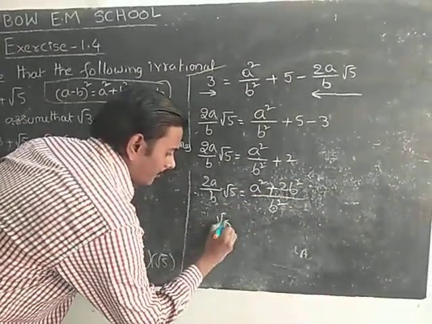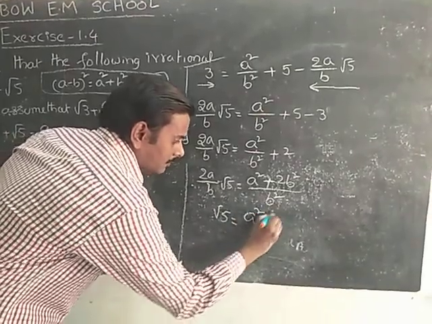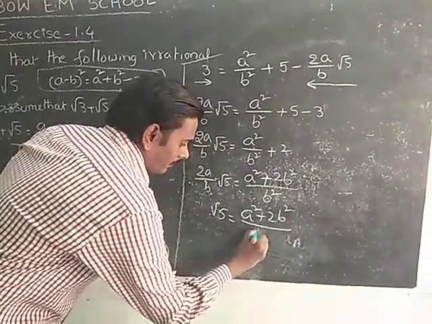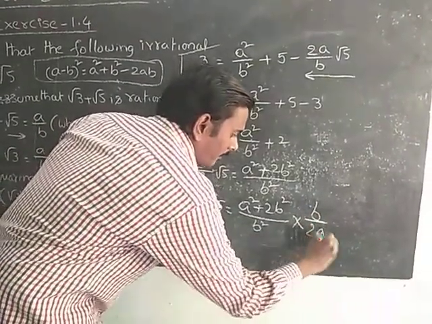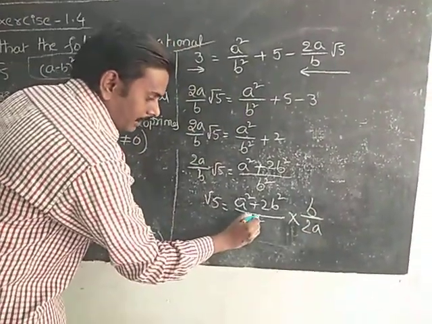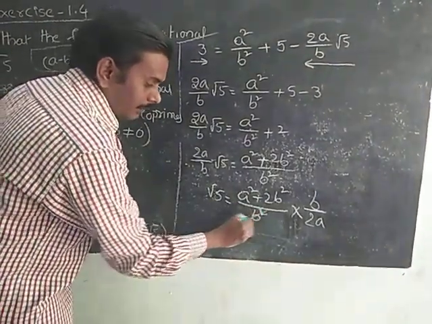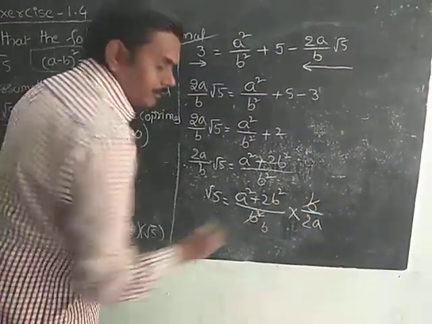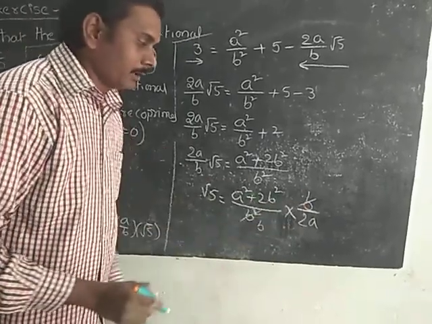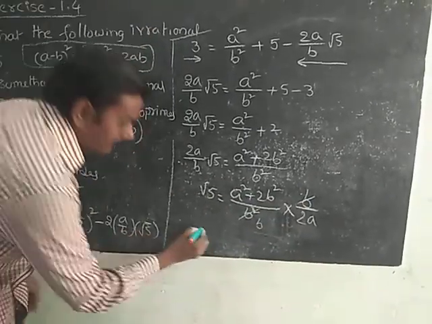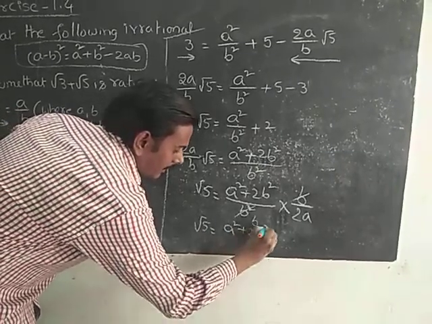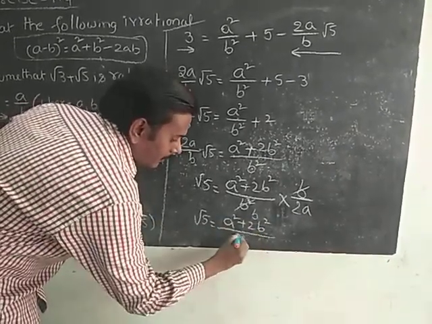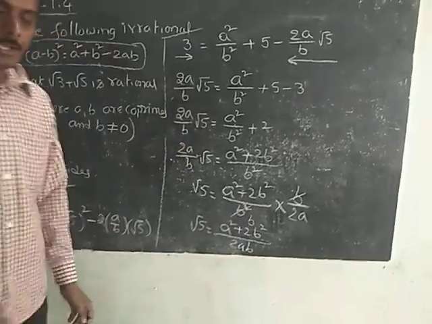Root 5 equal to a square plus 2b square by b square multiplied by b by 2a. One b cancels, so the final part is root 5 equal to a square plus 2b square by 2ab.